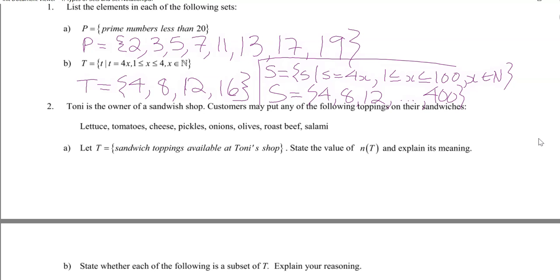Customers may put any of the following toppings on their sandwiches: lettuce, tomatoes, cheese, pickles, onions, olives, roast beef, and salami. So let capital T equal the set of toppings available at Tony's shop. State the value of n of T, and then say what it means.